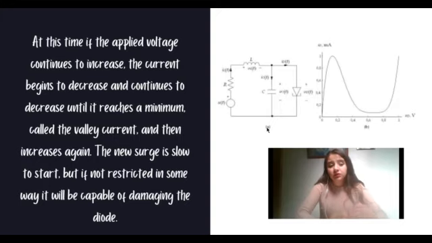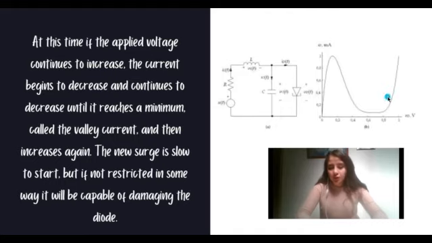From this point, if the applied voltage continues to increase, the current begins to decrease until it reaches a minimum, called the valley current, from which it increases again.